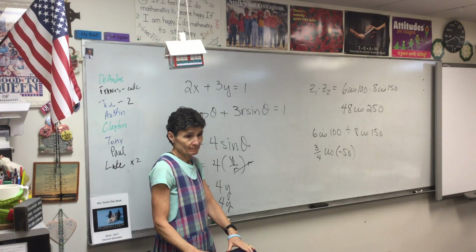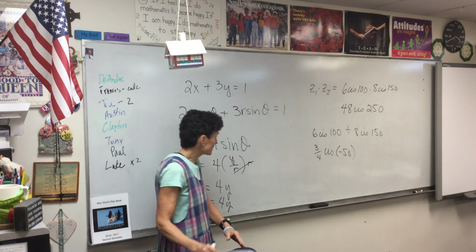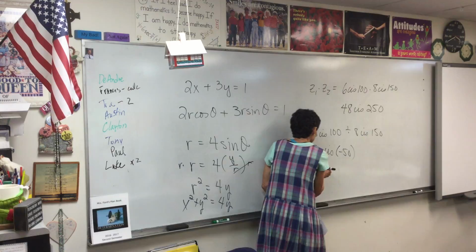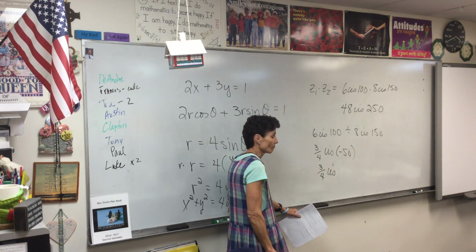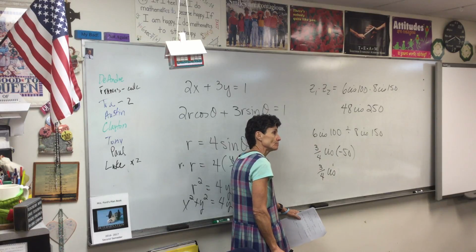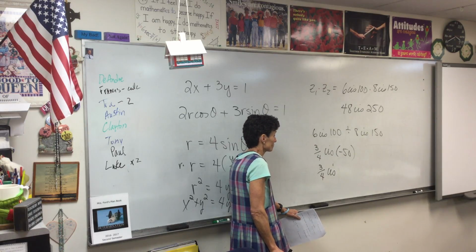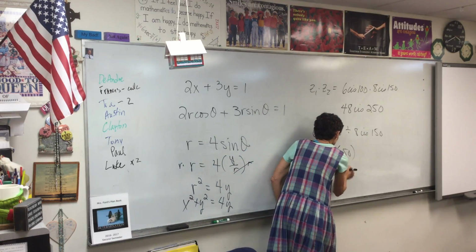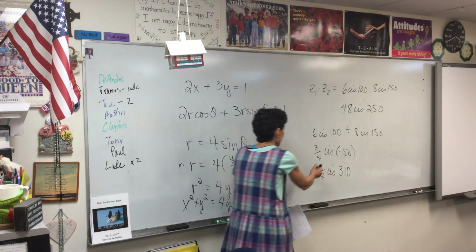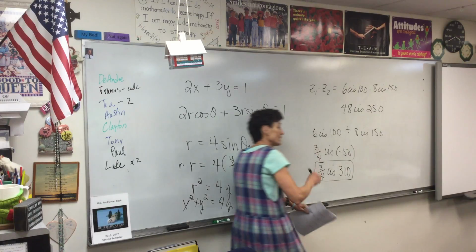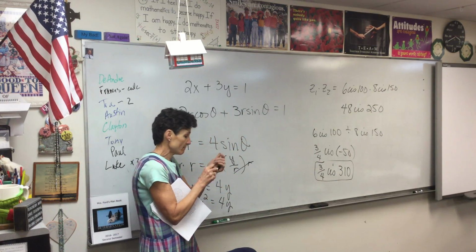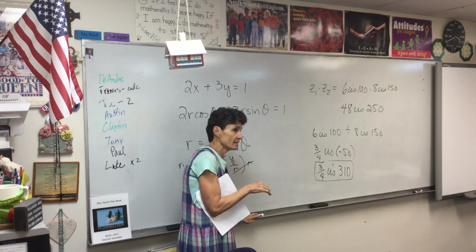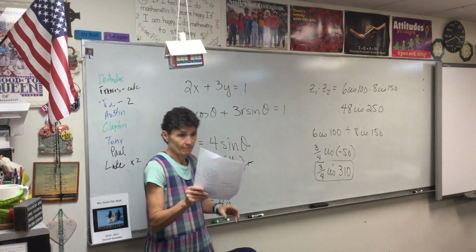Can't have a negative. So what's going to be my positive equivalent? Plus 360, 310 degrees. That's the answer. How did we get 310? Negative 50 plus 360 is 310.